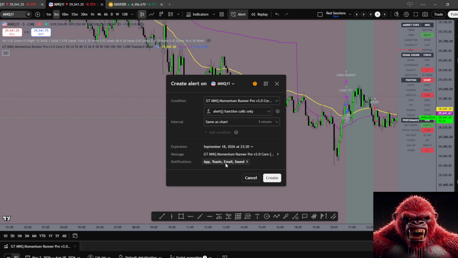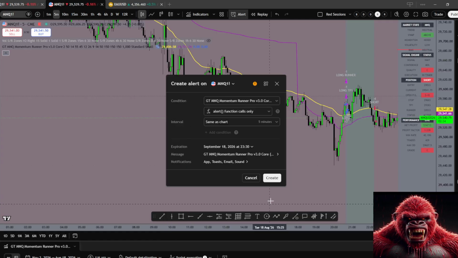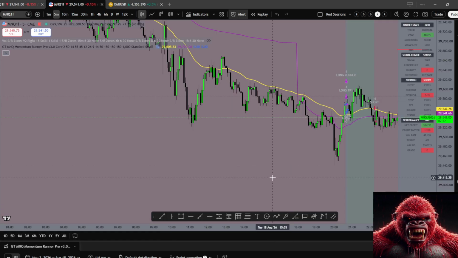And most times the notification type is already going to be checked off for you to play the sound, so you just want to have that on there. After that, you just apply and create, and it's supposed to be ready. So whenever it gives a new signal, it will give that little chime sound, kind of like when you set one of these alerts right here. But right now it has not done that for me yet, so I will be working at it to try to get it squared away.